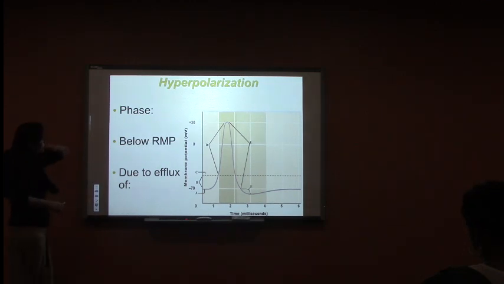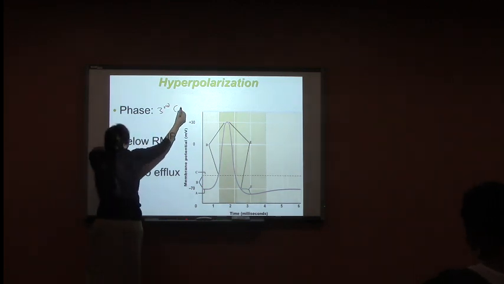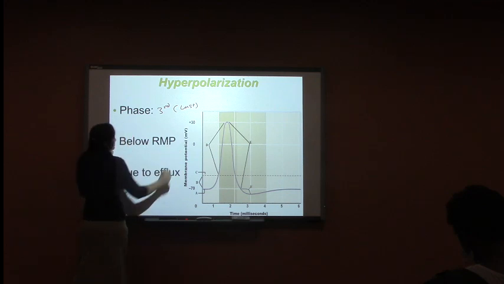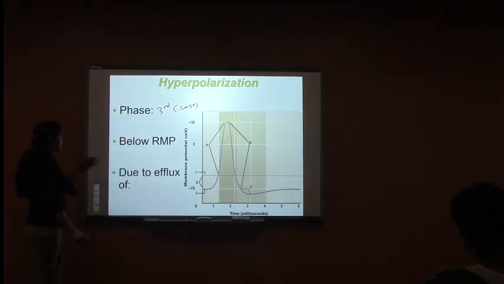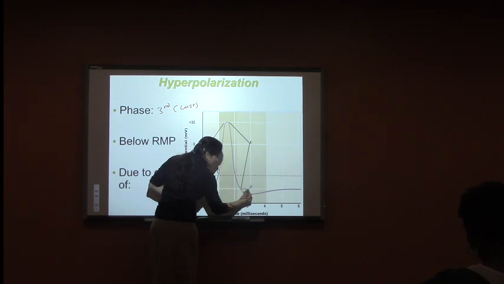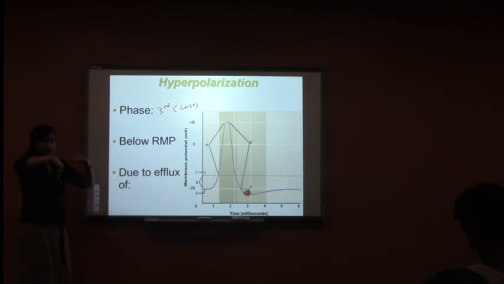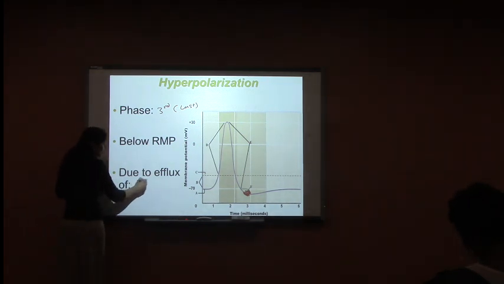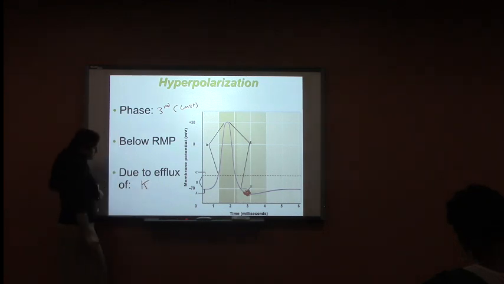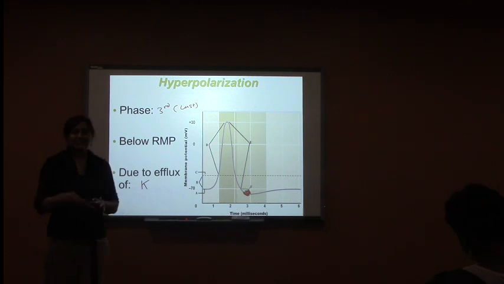Now, hyperpolarization. It's the last phase. This part of the phase is below the resting membrane potential, correct? The wave is underneath the resting membrane potential. It's due to efflux of potassium. Efflux means exit.